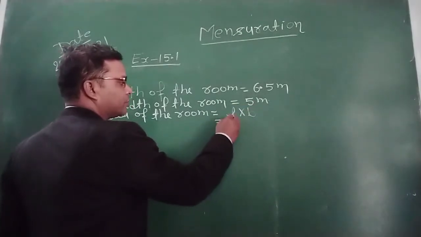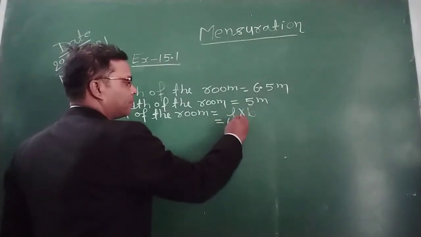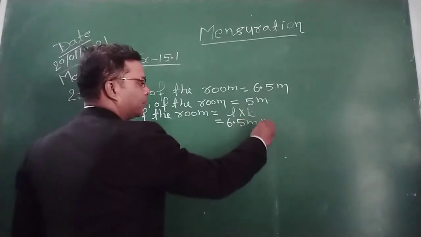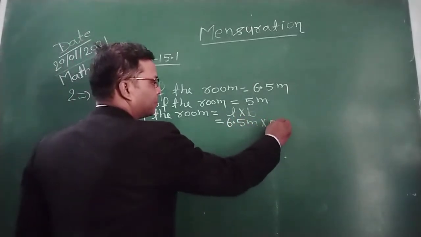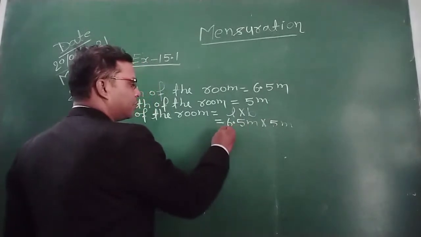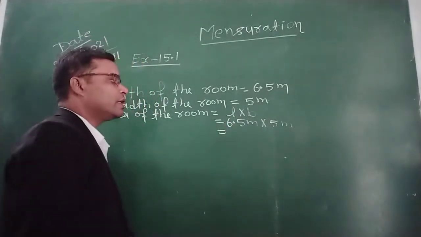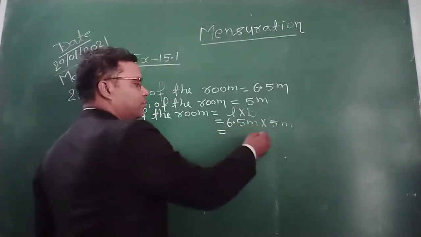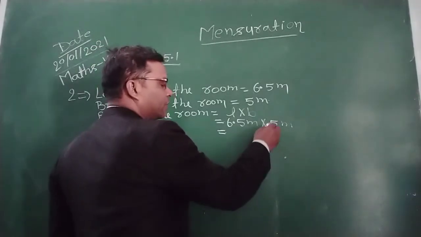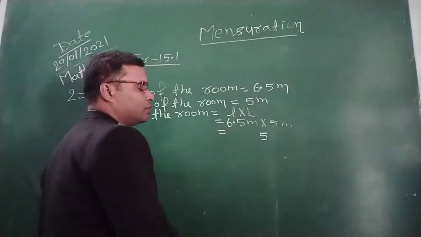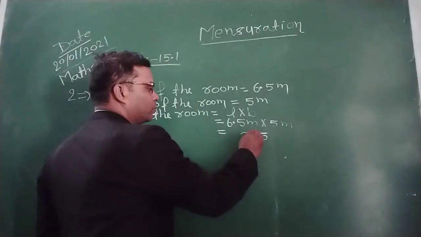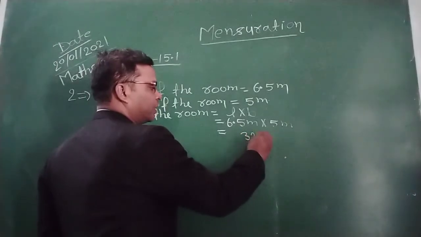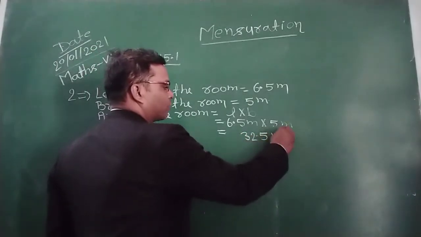This is equal to 6.5 meter into 5 meter. If you multiply them, you get 32.5 meter square.